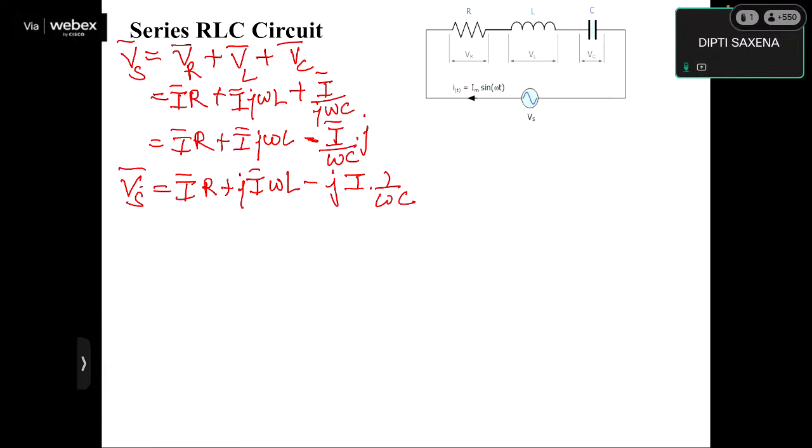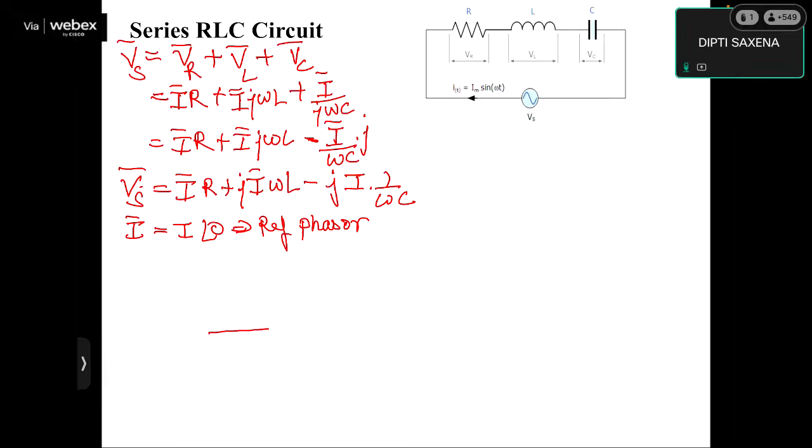Now let us draw the phasor diagram, again taking I as the reference phasor. I is equal to I angle 0. I take it as a reference phasor.